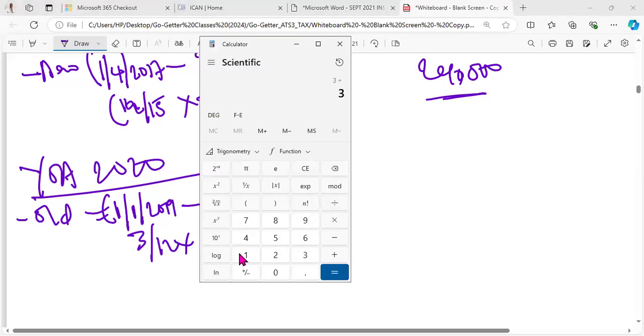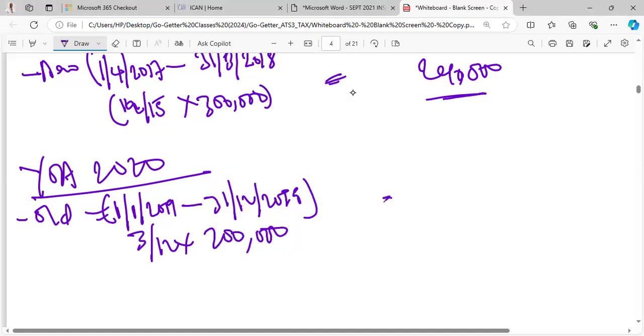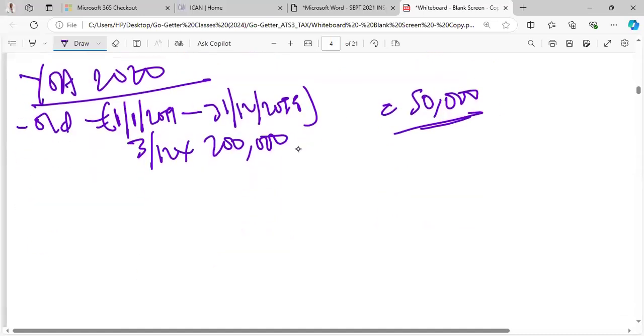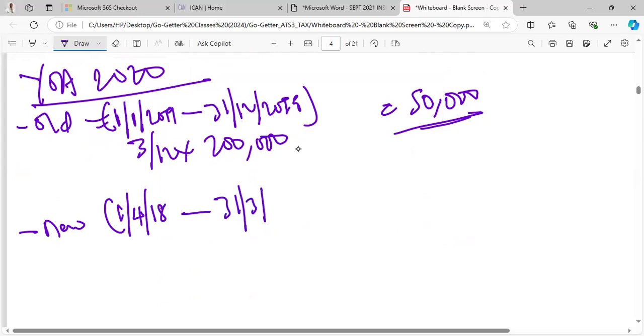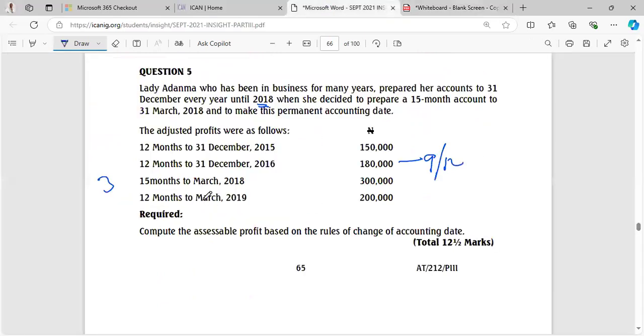3 divided by 12 times 200,000. That gives us 50,000. So because we have taken 3 months here, for the new we can only take 3 months. So let's say new. Supposed to be from April 1, 2018 to March 31st, 2019. And that's what we have here, 12 months up to March 31st, 2019.